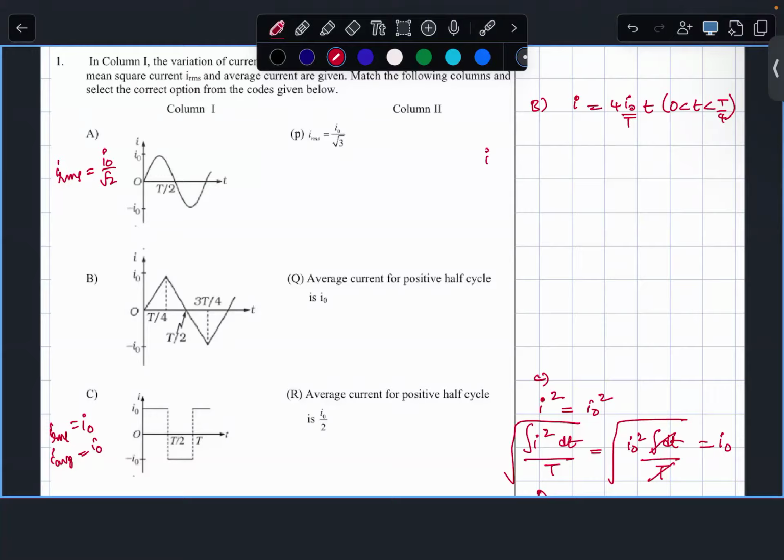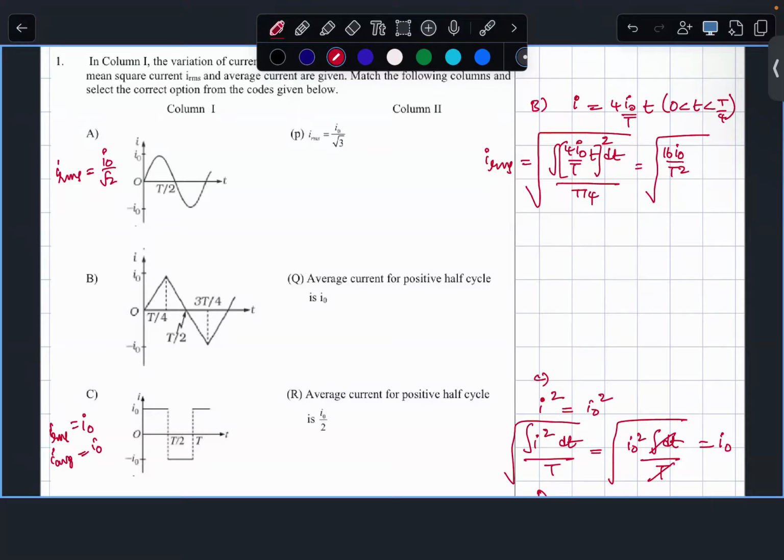So in this case, I RMS square is under root 4 I naught by T, whole squared, dt by T by 4. What is happening over here? What you will get is 16 I naught square by T square times t cube by 3.